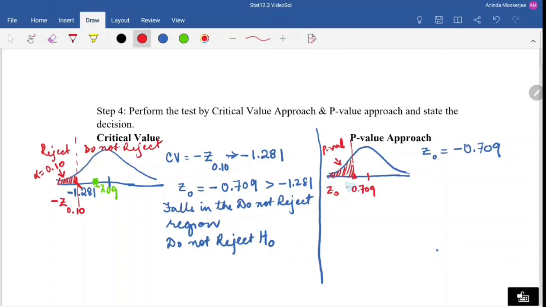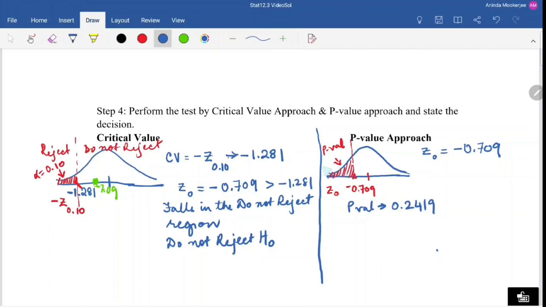It's area to the left because this is a left tail test. If it were a right tail test, then your test statistic would most likely fall on the right hand side, and you would take the area to the right to find the p-value. So when I referred to my table or the graphing calculator, I was able to find the p-value is 0.2419.